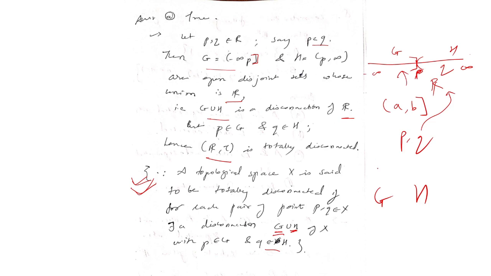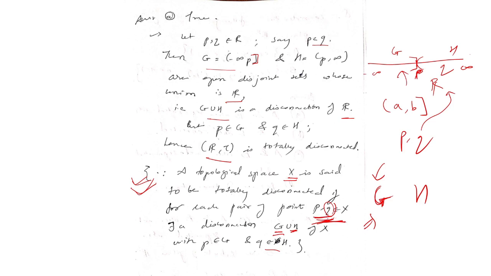Listen, see what this statement says: if you form a disconnection of this space X and take any 2 points from this space, one will belong to this part and one will belong to the other part. Both these points together are not part of this one. That means a singleton, right? It will contain only a single point, not the other point.